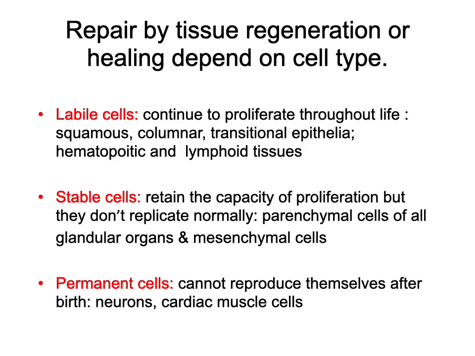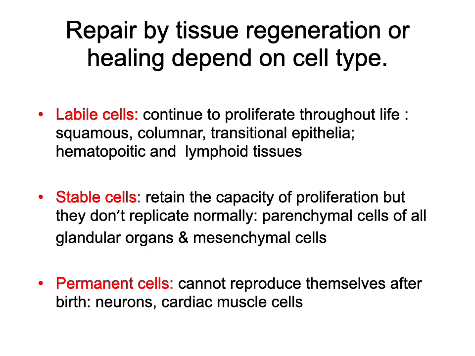Now, the ability of the organ or tissue to repair itself is dependent on the type of cells that are present in the tissue. You have labile cells, which are cells that continue to proliferate throughout life.